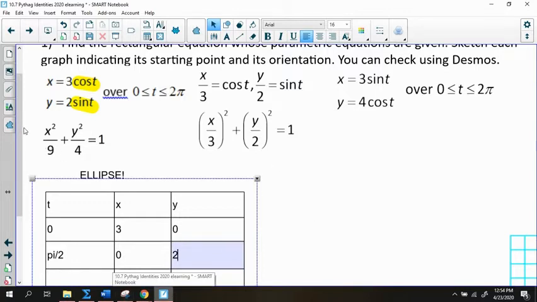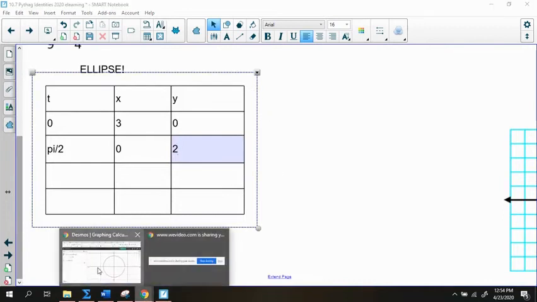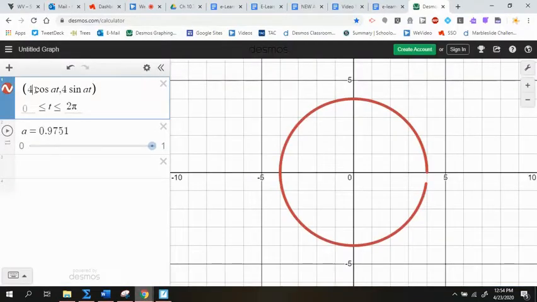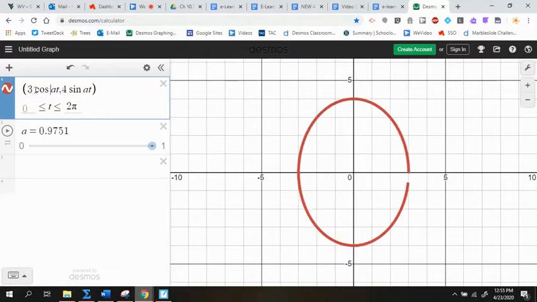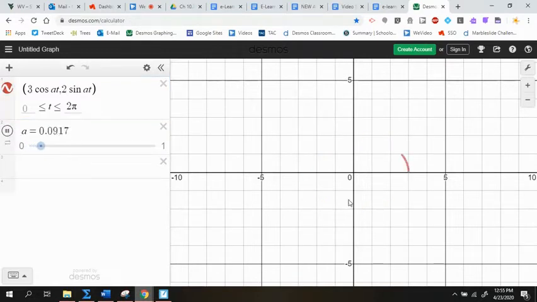So I'm going to graph this on Desmos again so you can see the order, just to make sure you're buying it. This was 3 cosine, 2 sine, and so there's our ellipse. If I start it, you can see it starts at (3, 0), goes up to (0, 2), and then goes back to (3, 0).